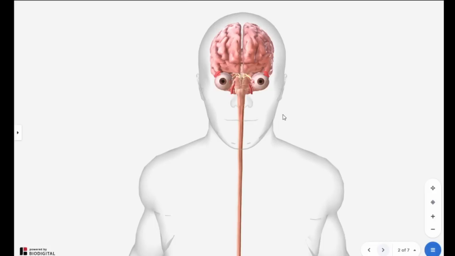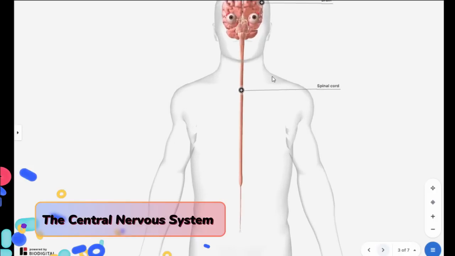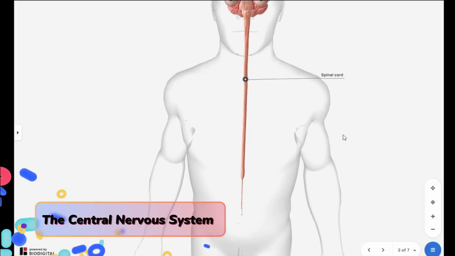Okay, so what do you notice? So what you see on your screen, this is what consists the central nervous system. We have the brain and we also have the spinal cord.